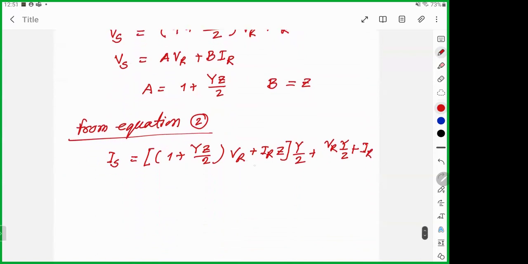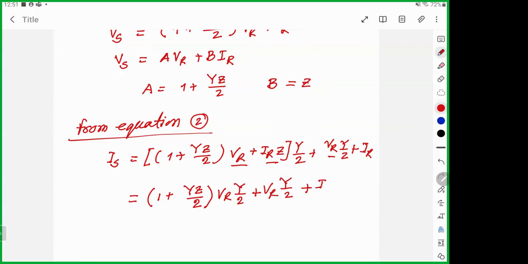Now everything is replaced with VR and IR, so we bring all the VR together. I will have 1 plus YZ by 2 times VR Y by 2, plus VR Y by 2, plus IR YZ by 2 plus IR.